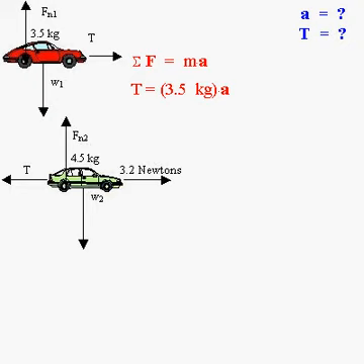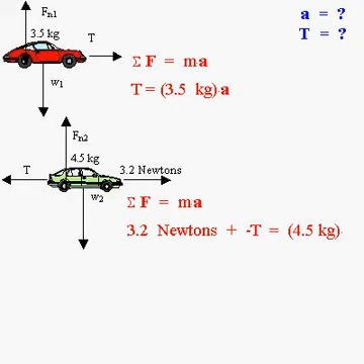So the 3.2 newton force is a positive force. So the sum of the forces, once again, has to equal mass times acceleration. The sum of the forces would be positive 3.2 newtons plus a negative T. T is negative because it's pulling in the negative direction. The sum of those two forces then has to equal mass, which is 4.5 kilograms, times acceleration.